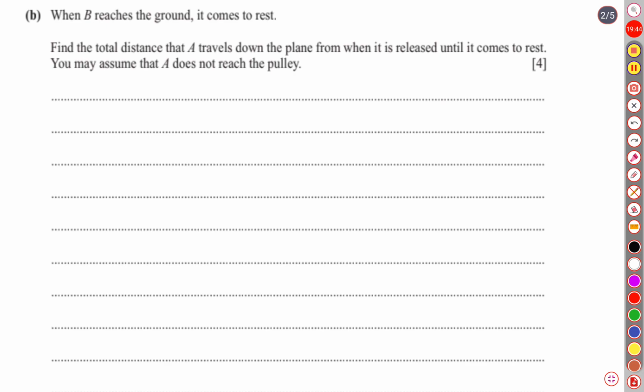You may assume that A doesn't reach the pulley. So it's all about distance and velocity concept. For this, first of all we will have to find the velocity when B reaches the ground.